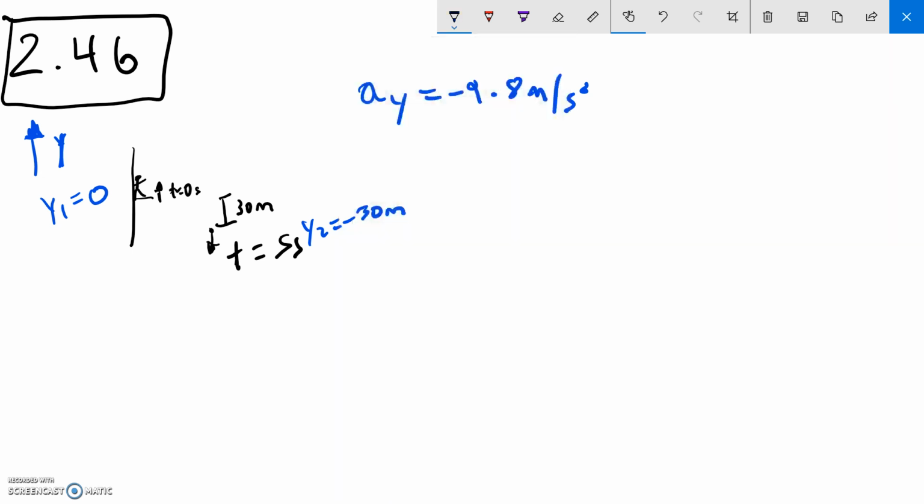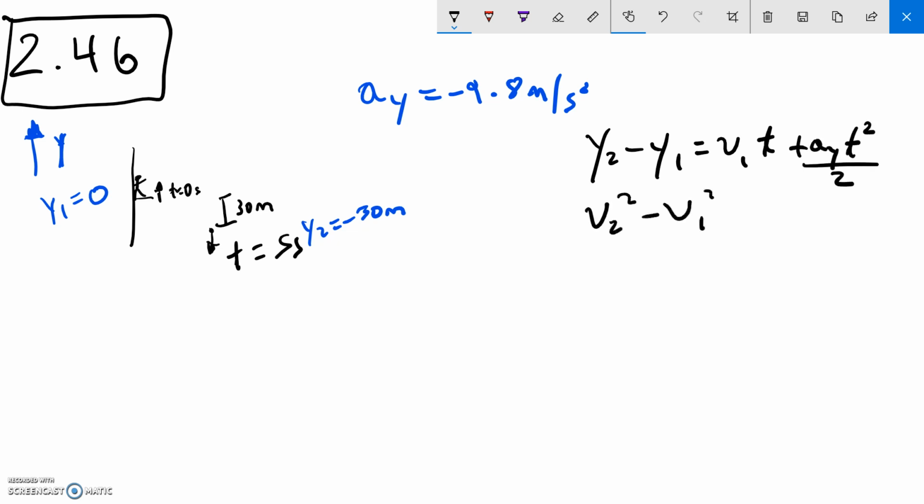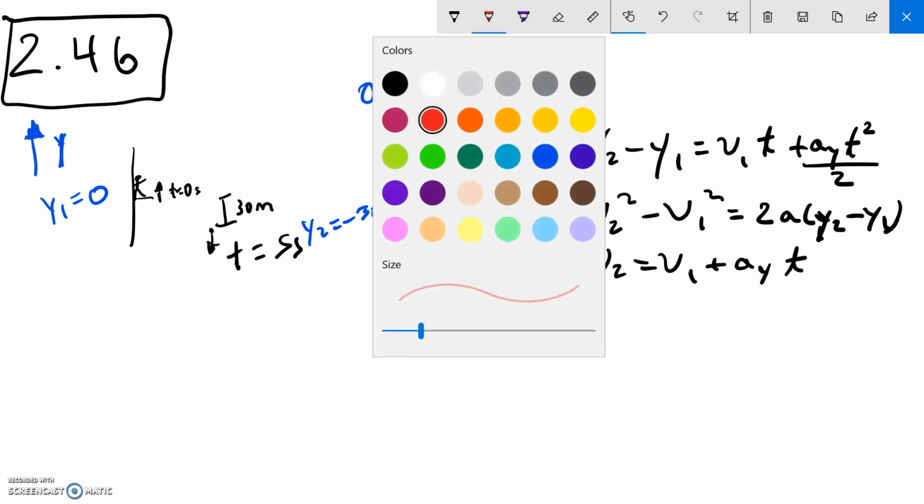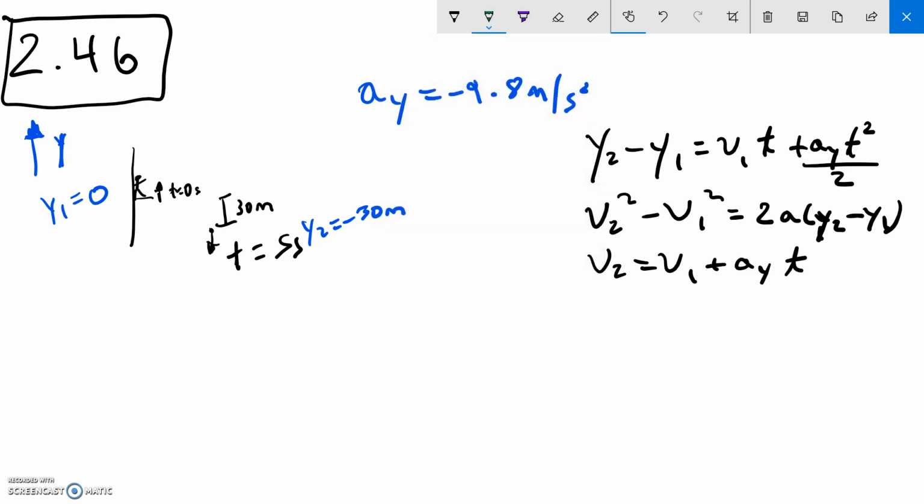All right, in your quiz, you will have access to the kinematic equations for constant acceleration, which are the following. All right, so your first task is to recognize which equation you can use.